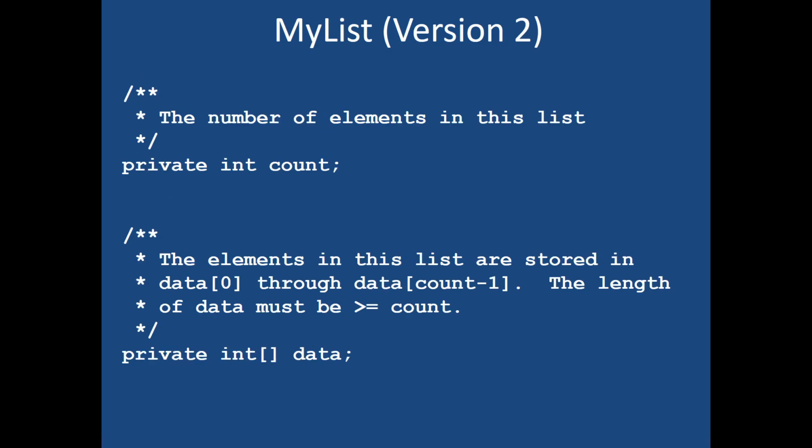And these were the instance variables we ended up with. We ended up with two instance variables that cooperate to represent the state of a list. First of all, we kept track of the number of elements in the list. At any point, if you look at the count instance variable, it's going to tell you how many elements are in the MyList. Now, why didn't we need an instance variable like that in version 1?